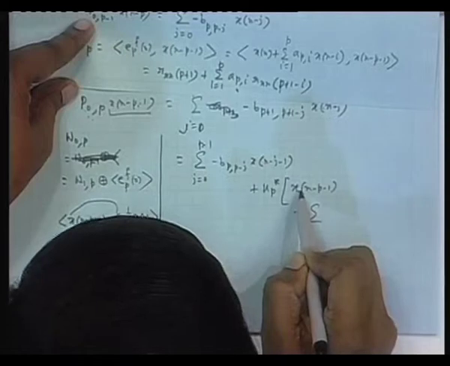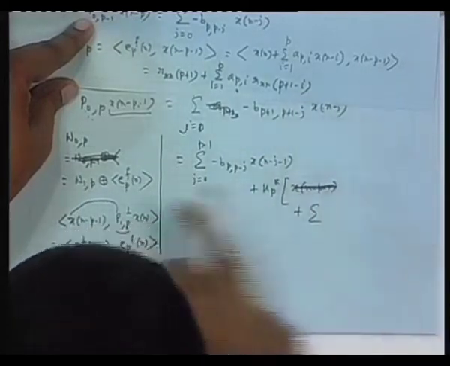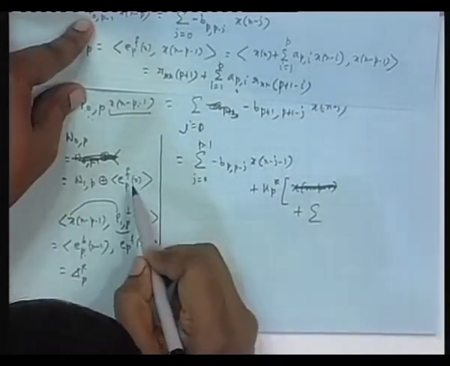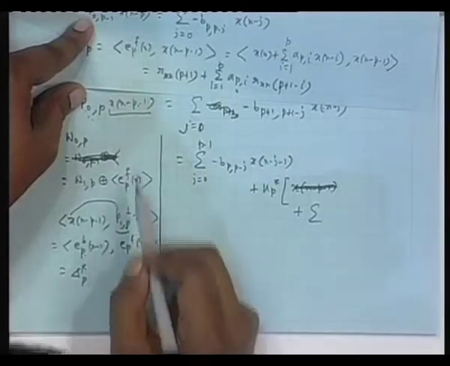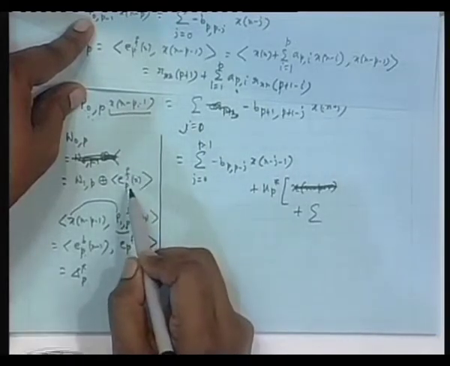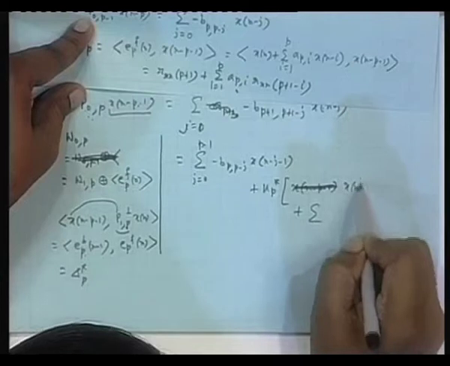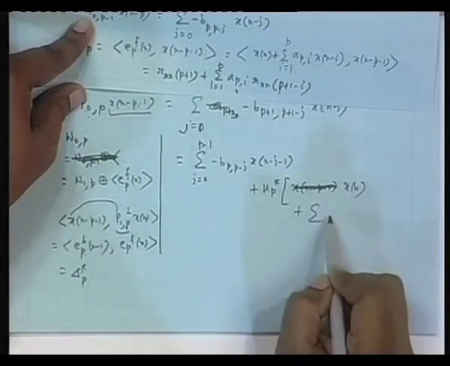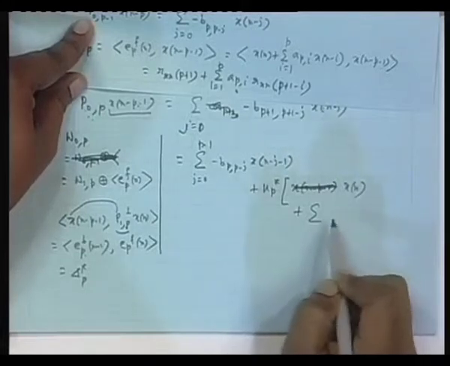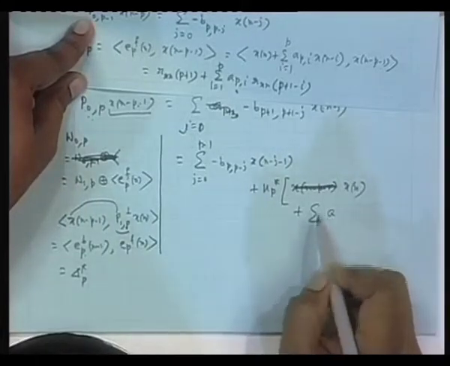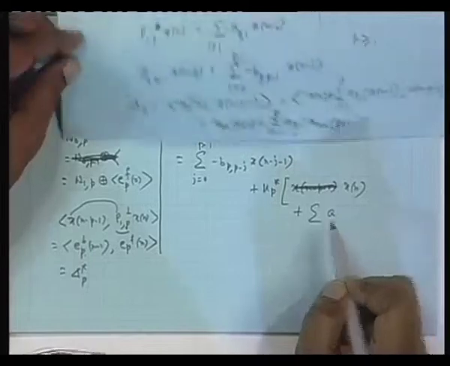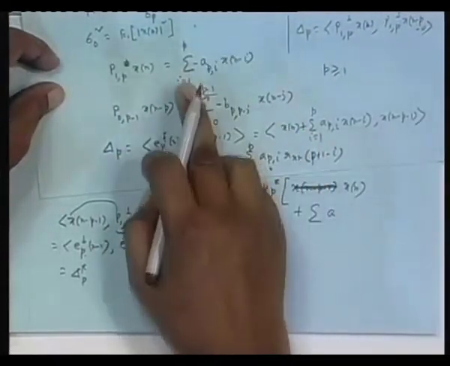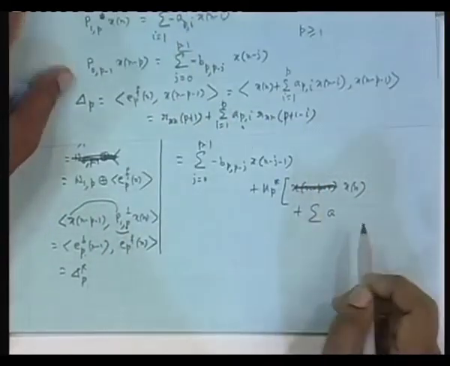Sorry, this is not EPFN, isn't it? Kp star into EPFN. EPFN means xn minus the projection, and within the projection coefficient there is a minus sign, so minus minus plus. This thing minus goes, it becomes plus.